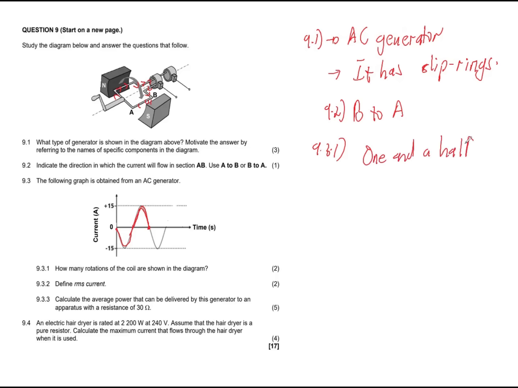That's a 1.5 rotation. Then 9.3.2 says, define RMS current.